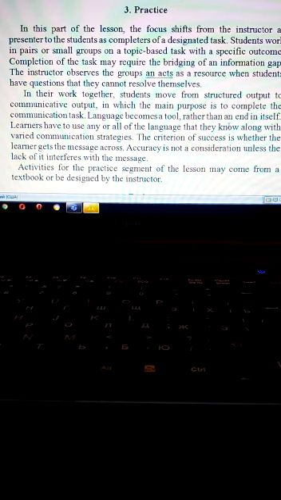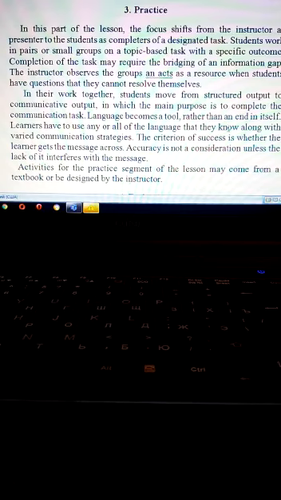In their work together, students move from structured output to communicative output, in which the main purpose is to complete the communication task. Language becomes a tool rather than an end in itself. Learners have to use any or all of the language that they know along with varied communication strategies.